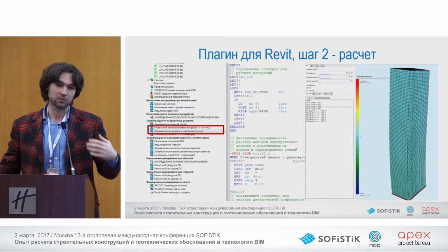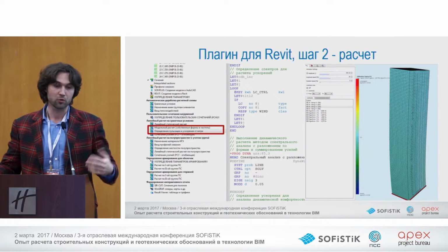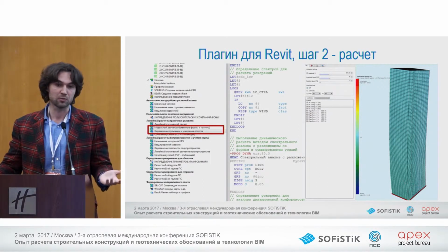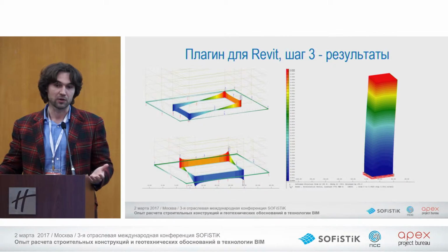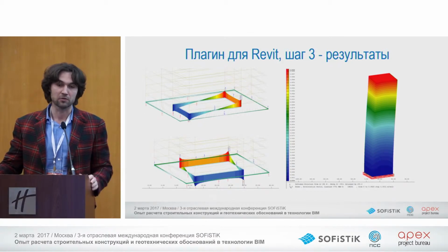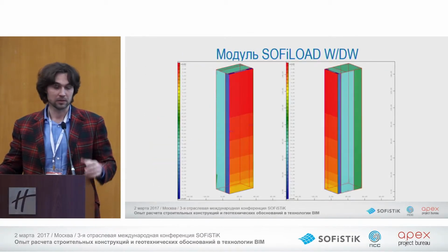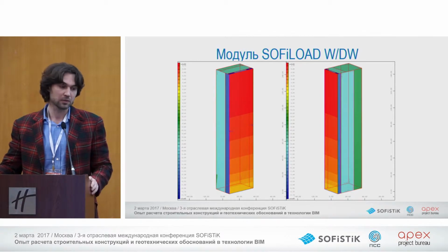It's not very visible on this chart, but our templates already have codes to calculate impulses and accelerations. So, as a result, we get the need to strengthen structures, for instance, the foundations, and we get acceleration values.